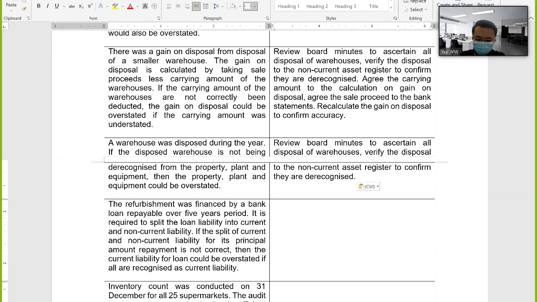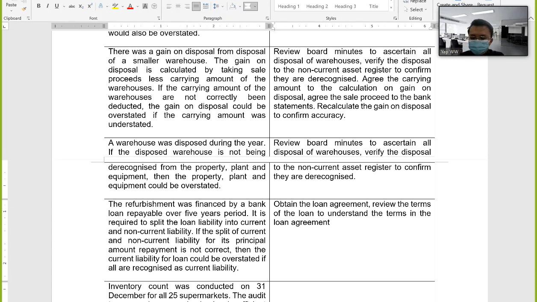Okay. So I must obtain the loan agreement, review the terms of the loan to understand the terms in the loan agreement.